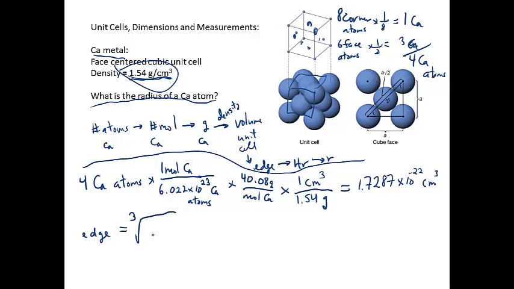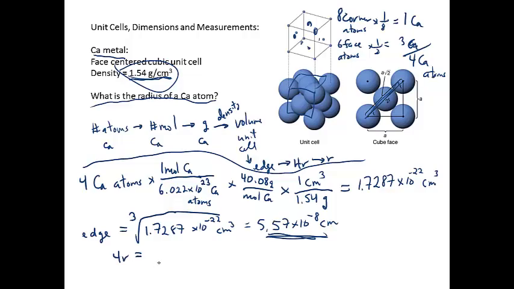The cube root of 1.7287 times 10 to the minus 22 centimeters cubed comes out to 5.57 times 10 to the minus 8 centimeters. So that's the edge length.